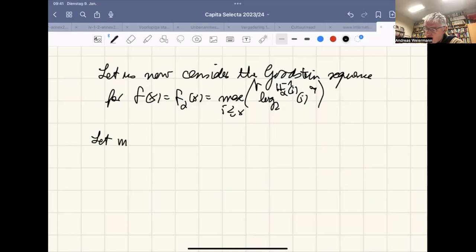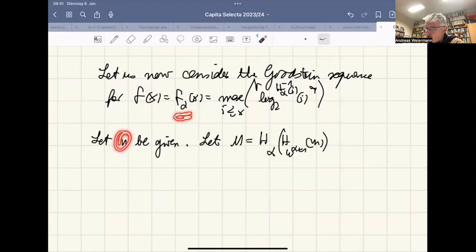Let M be given. Now I have to write down a bound for the length of the Goodstein sequence. So let M be equal to H alpha, let's say, of H omega to the alpha plus 1 of M. So for this alpha here and for this M here, I write down this bound here, which is that one. Okay.